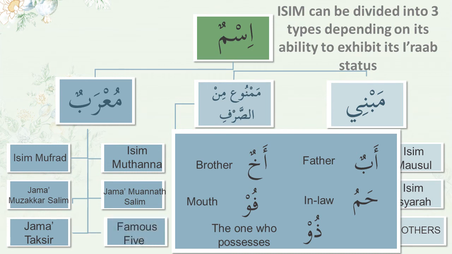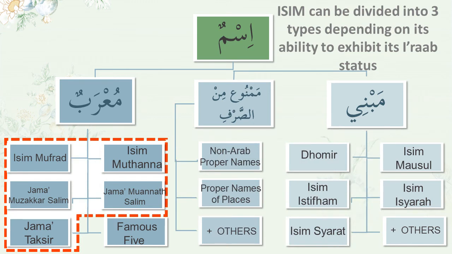I think only 3 of the 5 isim are mentioned in the Quran. I've included them here for completeness' sake, but we will leave these 5 nouns for now and take a closer look at the rest of the isim mu'rab.